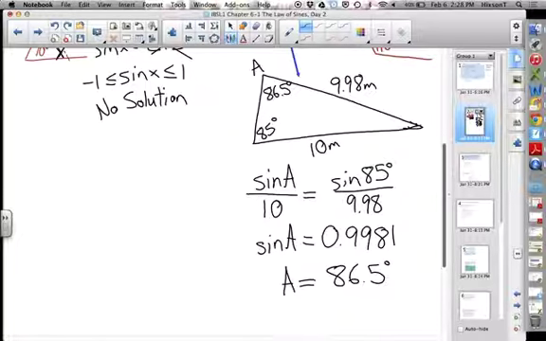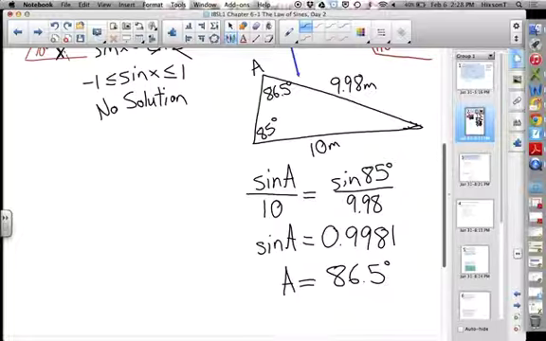The problem here is that's not the only possibility. Why is that not the only possibility? Because we're dealing with sine here, right?